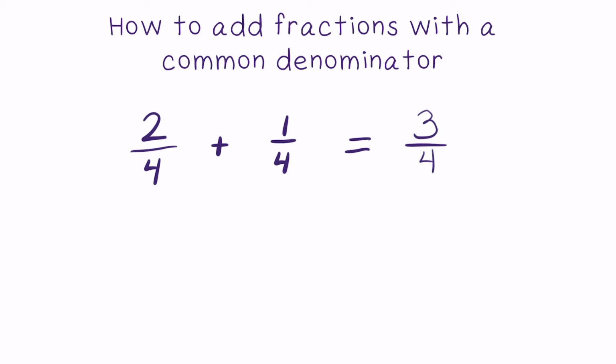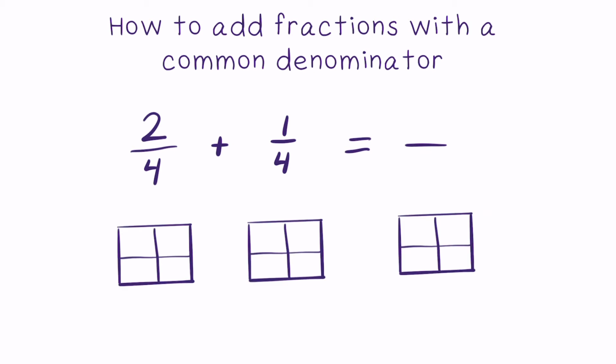Let's talk about the reason for this. When we're adding a certain number of fourths to another number of fourths, 2/4 plus 1/4, our answer is going to be whatever the total number of fourths is. So in this case, we're breaking a whole into 4 parts 2 different times.